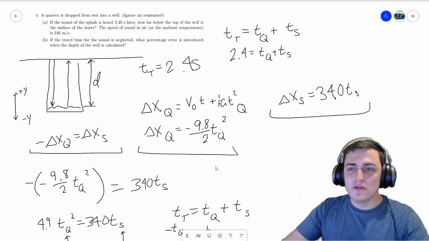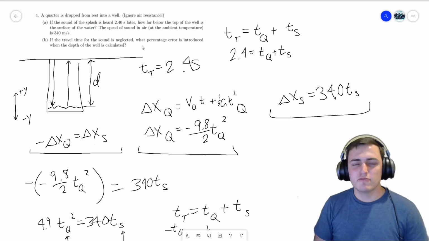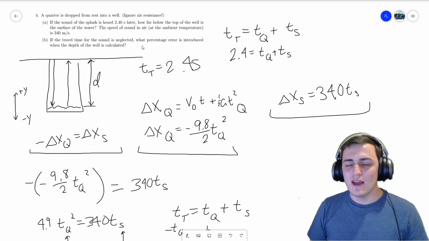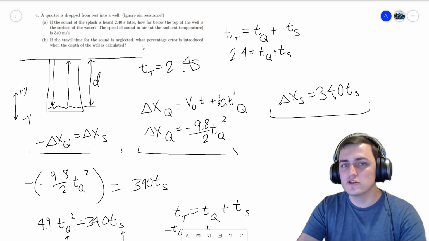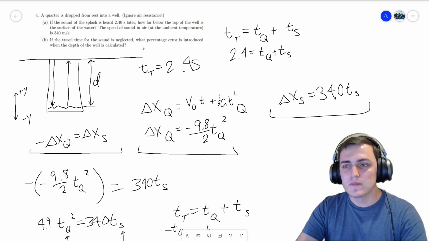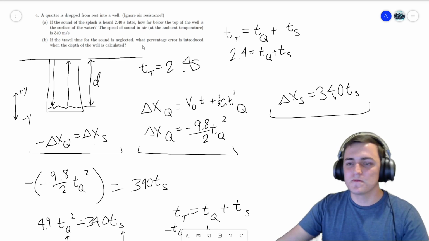Now, we found how deep the well is, but now it says for part B, if we neglect the time of the sound travel, and we assume that the entire 2.4 seconds is used for the quarter's movement, what percentage error does that introduce in the depth calculation?